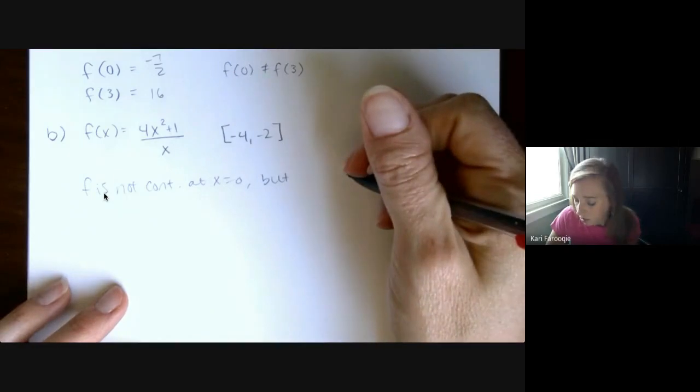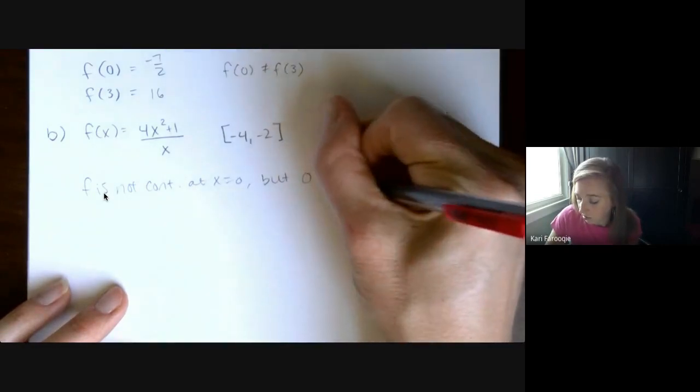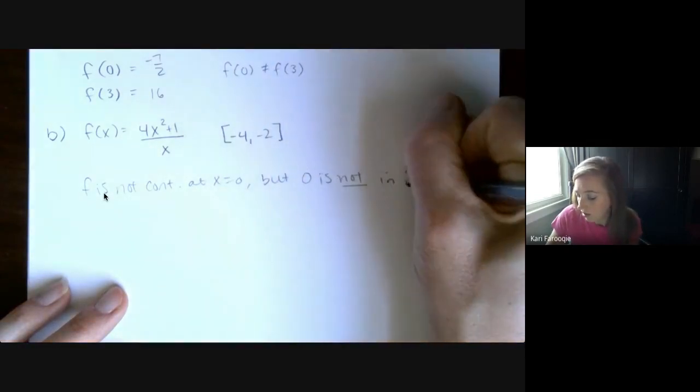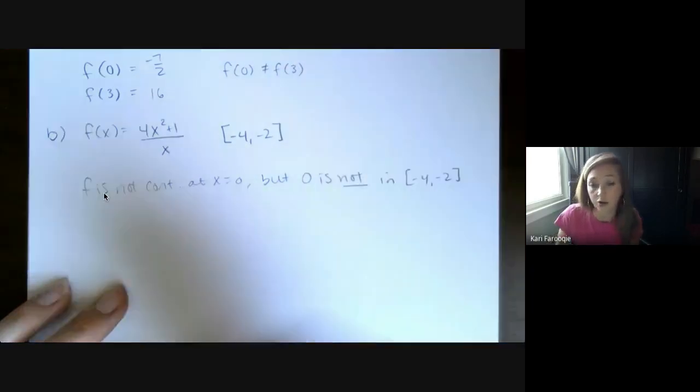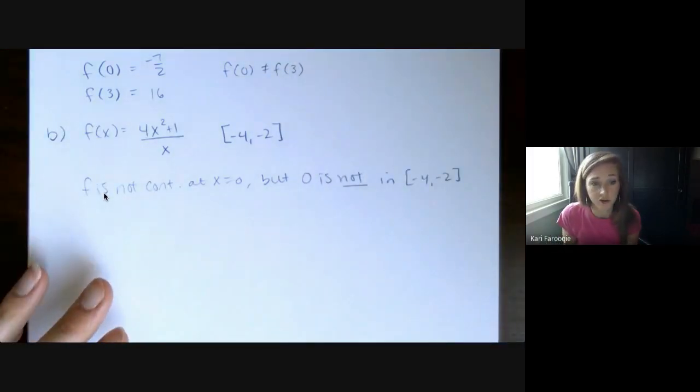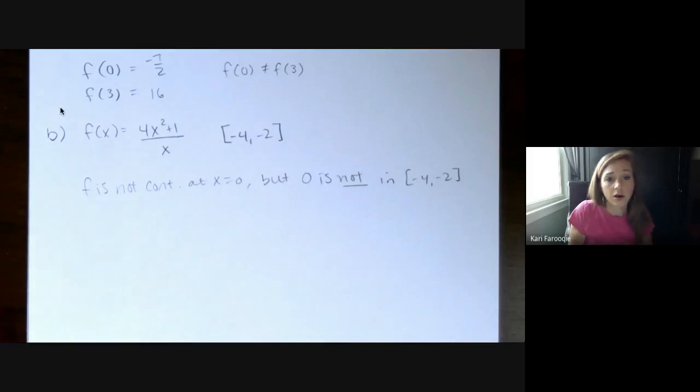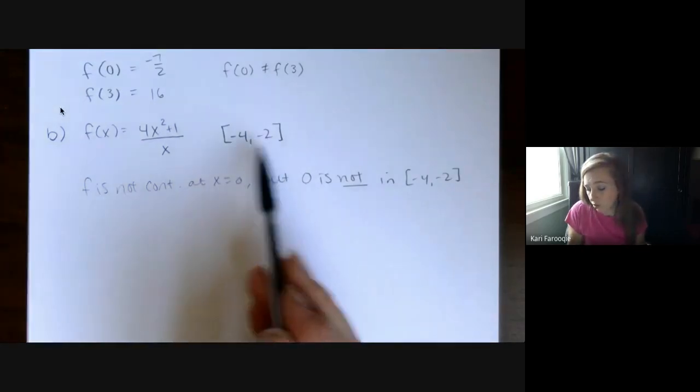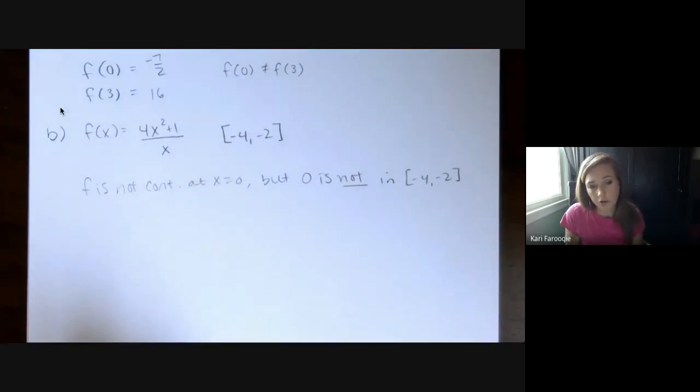So f is not continuous at x equals 0, but 0 is not in the interval from -4 to -2. So we actually don't violate the continuity here. You can't come up with a value between -4 and -2 inclusive that will violate the continuity here. So that one's going to be okay.